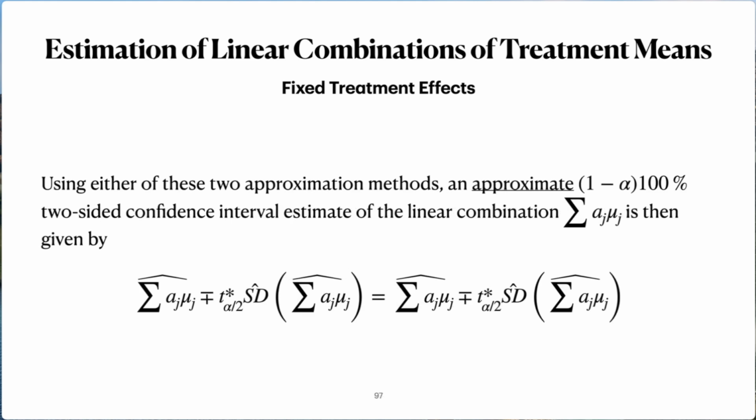Using either of these two approximation methods, once we've come up with our approximate interval coefficient, our t star value, an approximate 1 minus alpha times 100% two-sided confidence interval estimate of the linear combination is given by this expression here. As usual, we start off with our point estimator. Then we go a distance to the left and to the right equal to, in this case, the approximate margin of error.